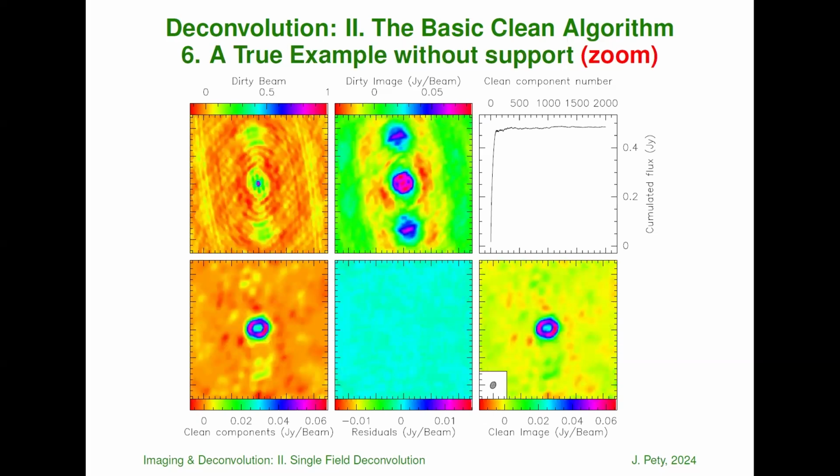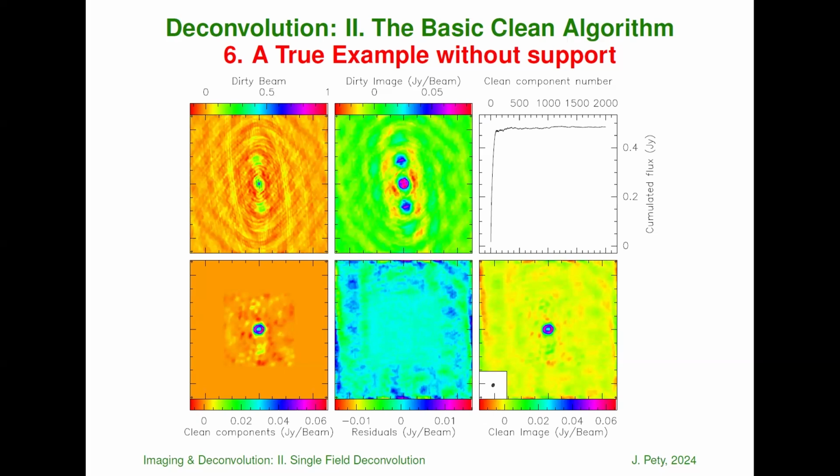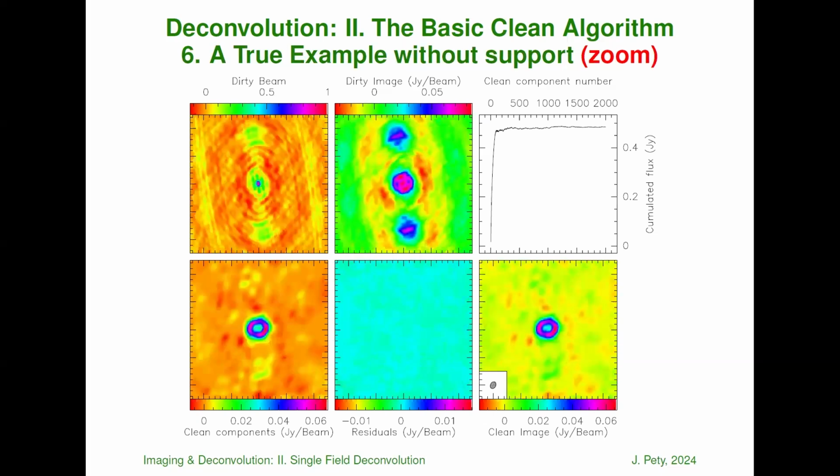Here it's just a zoom of the inner quarter, because I've just told you that the clean algorithm is only cleaning inside the inner quarter, so we see it very clearly here. It's exactly the same image, but zoomed. You see that it looks like noise. There is no structure in your image, so you have converged in this case.